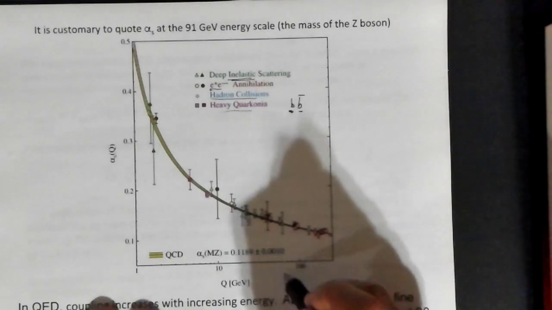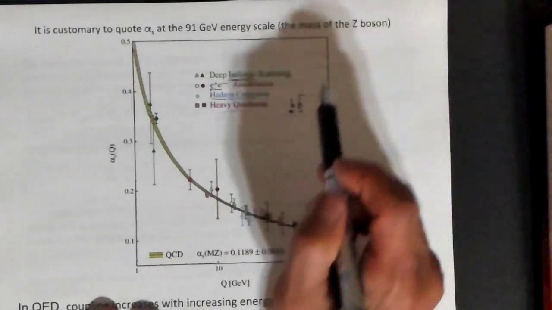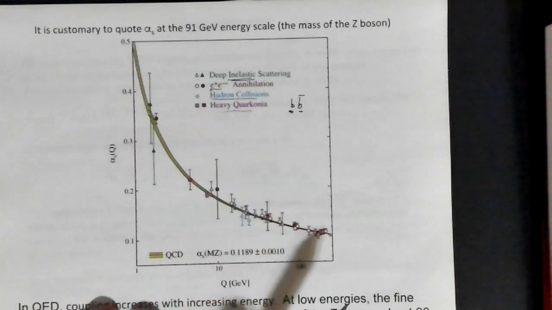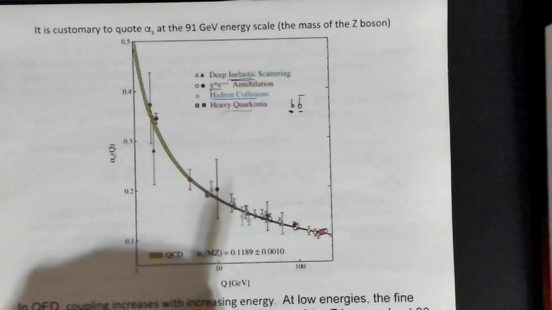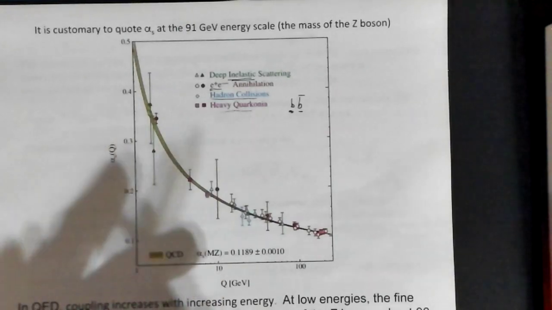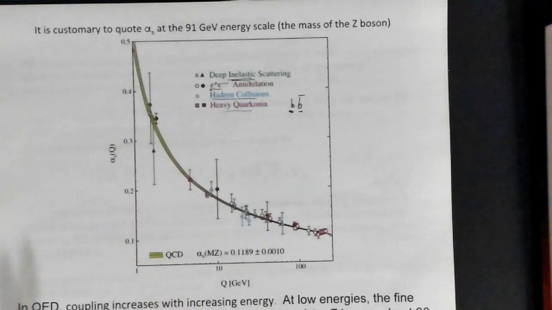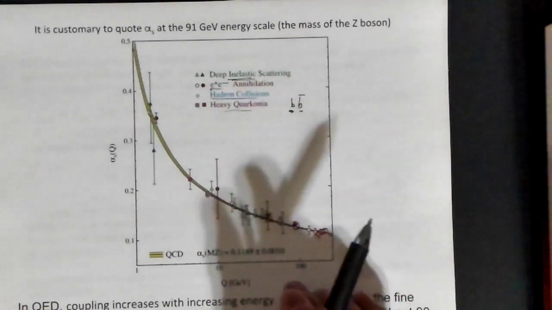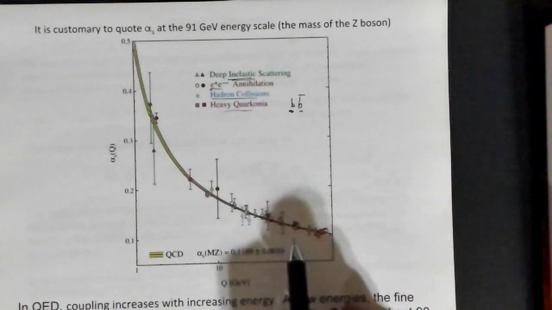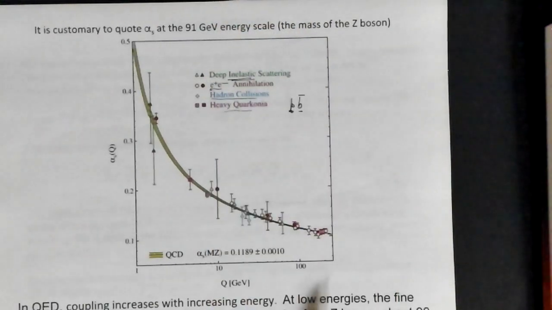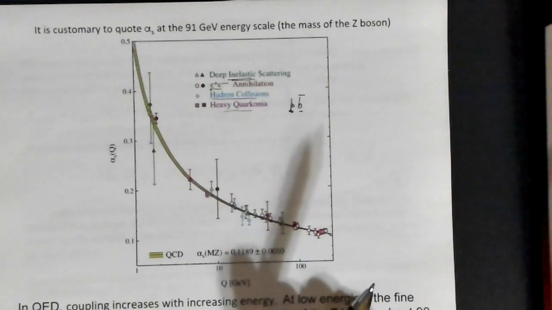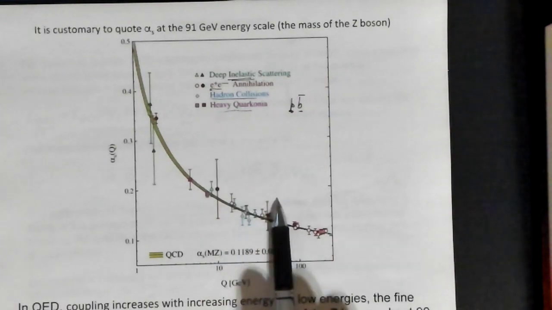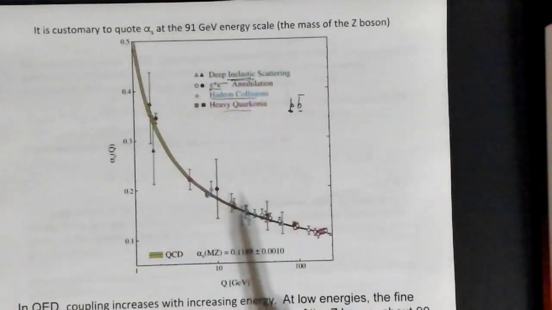That's because that's the mass of the Z boson, so there is a resonant enhancement right at that peak, because you form a virtual Z boson at that point, and so you see a big spike in the data, and so that's a good calibration point. You know exactly when you're sitting on the Z boson, because your cross section goes way up, and so that's a good calibration point to quote alpha s at that point.